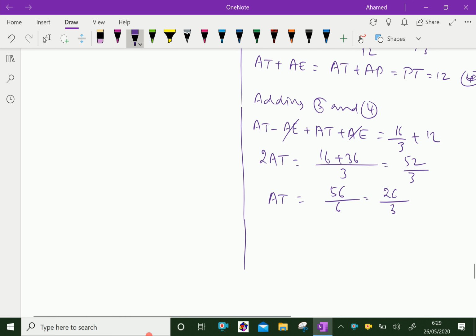Further, AE equals AT minus AE already found, which is 26 by 3 minus 16 by 3, which equals 10 by 3.